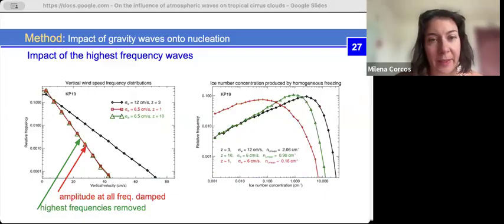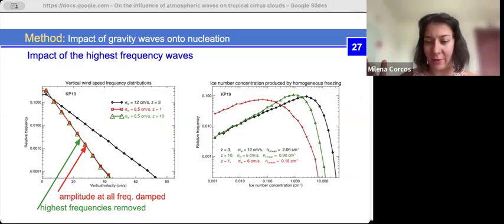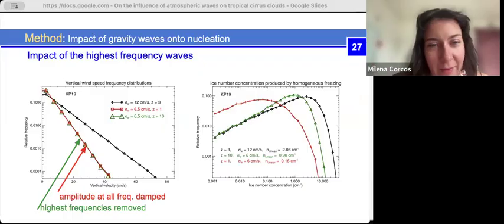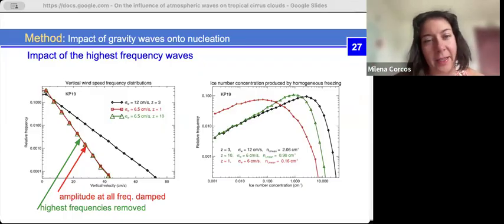But what would happen if we keep the sigma W constant? So we tried to test whether the same distributions produced by different wave frequency intervals, by different wave spectrum, can give similar nucleation results.